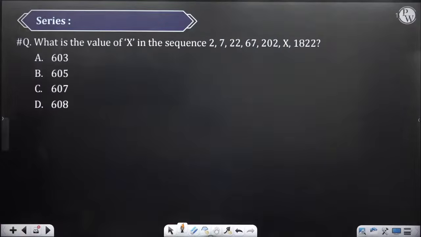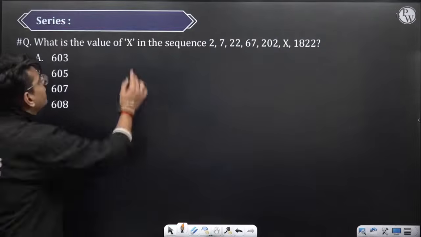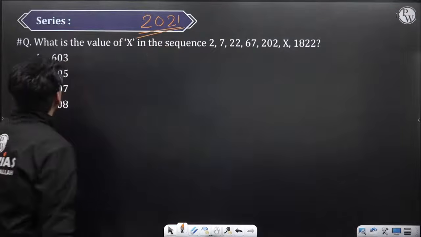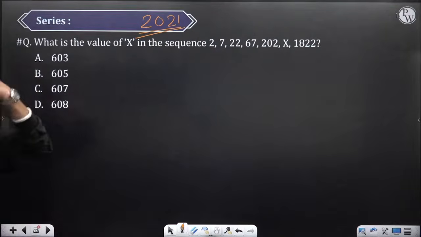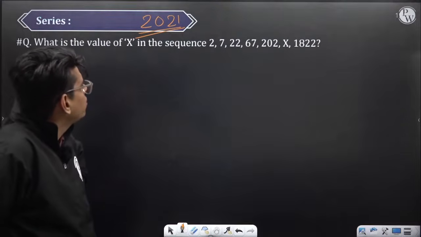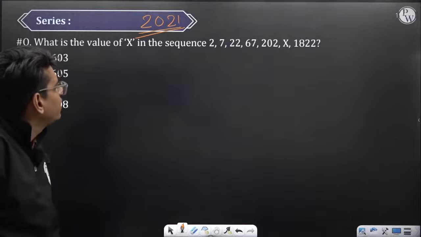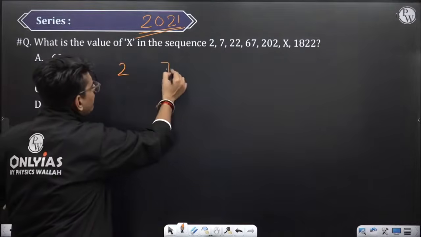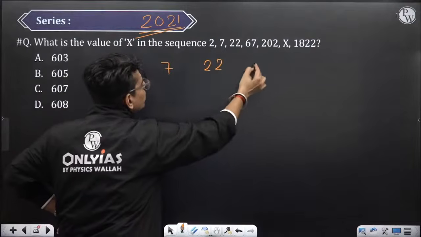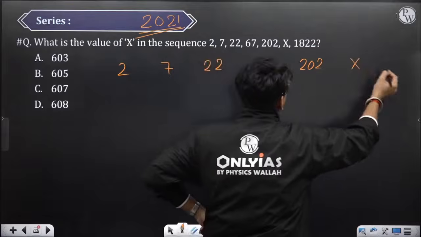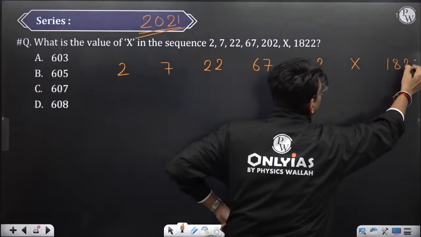Next question is from 2021. What is the value of x in the sequence 2, 7, 22, 67, 202, x and 1822?